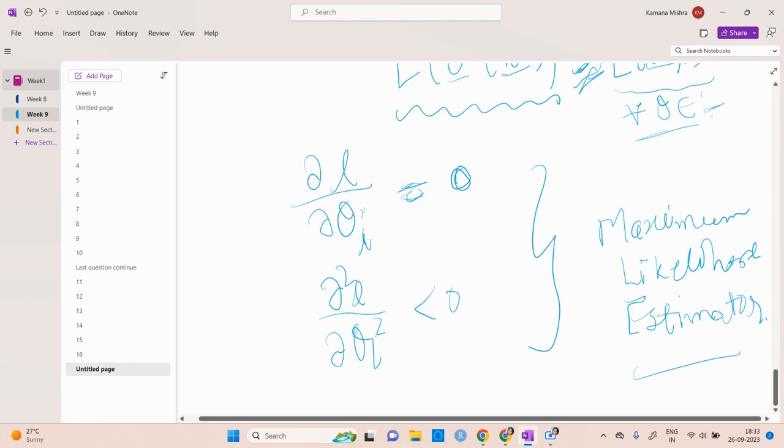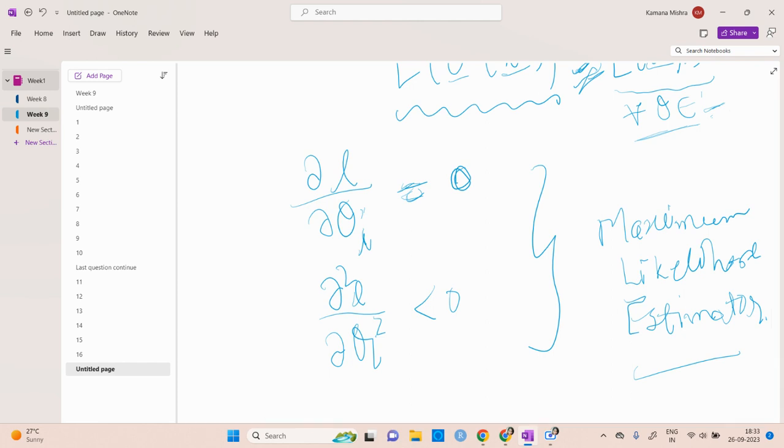Now, one more thing we need to understand is that sometimes we find an estimator, but it is not in the range. Let's say we have a distribution where x is greater than theta, and we have found a theta value which is greater than x.